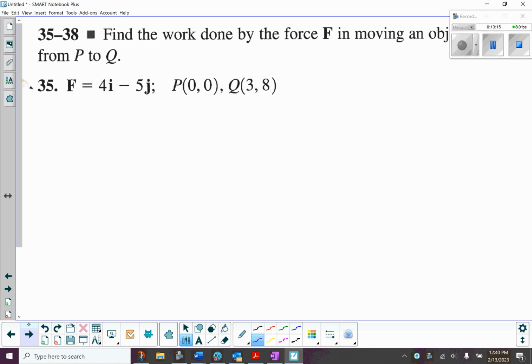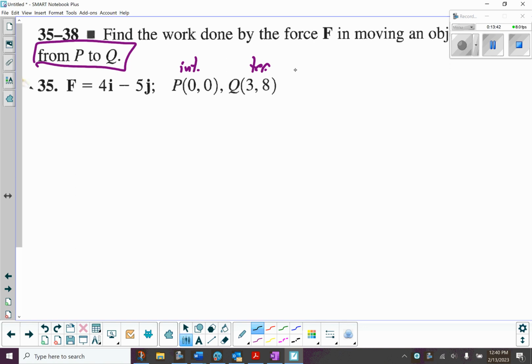Okay, again, I don't think it's tough once you understand what you're supposed to do. Find the work done by the force that's given, vector F, in moving an object from P to Q. So that means P is our initial point, Q is our terminal point.